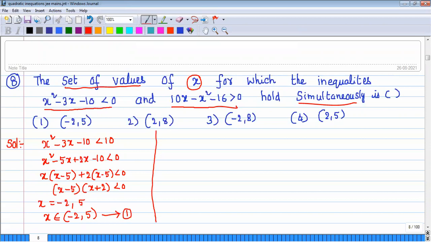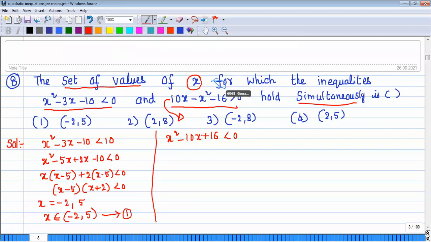Multiply this inequality with negative sign. Then you get like this: x square minus 10x plus 16 less than 0. So now you check here. What are the factors of 16? 16 and 1, but we cannot get negative 10. 8 and 2.